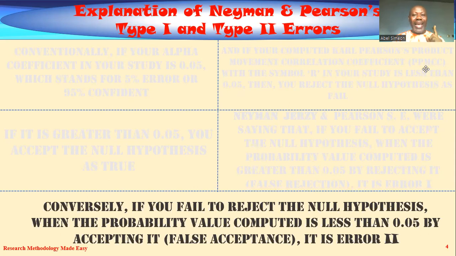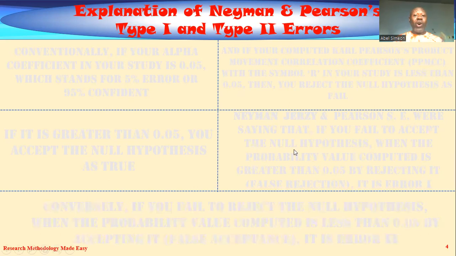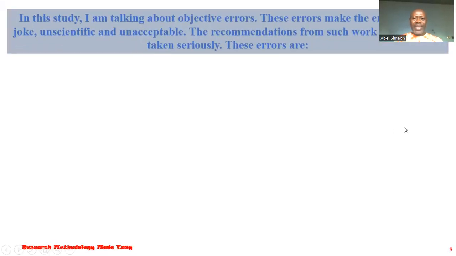Here I'm talking about type 1 error, type 2 error, type 3 error, which is basically what I refer to as objective errors. These errors make the entire work a joke. If this error occurs in your work, it is unscientific, it is unacceptable.